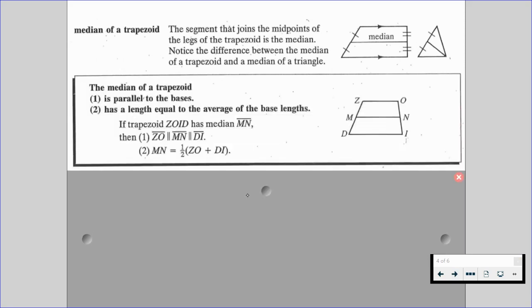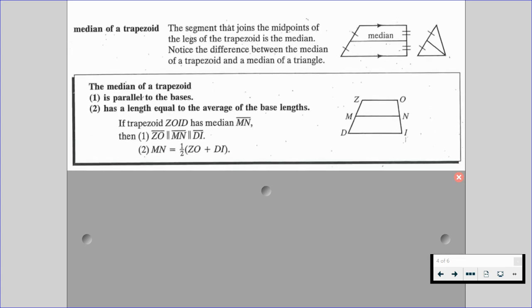And the median of a trapezoid has two special properties here. One, it's parallel to the bases, which means that MN, which is the median, is parallel to ZO and DI. And two, it has a length equal to the average of the base lengths.